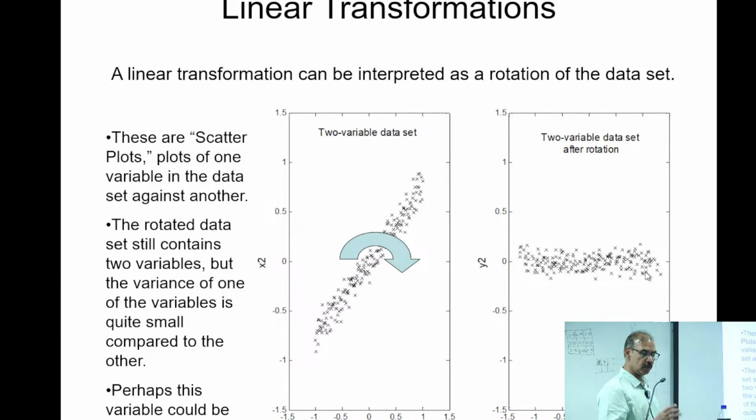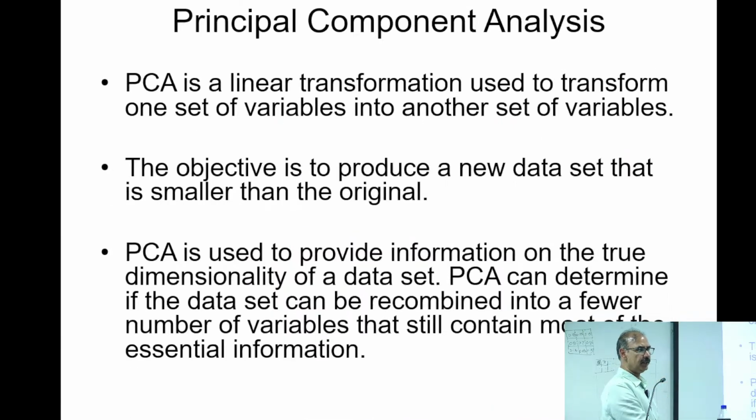For this one, you would simply use a linear transformation. Principal component analysis, as we discussed yesterday, is a linear transformation used to transform data of one set of variables onto another set of variables.